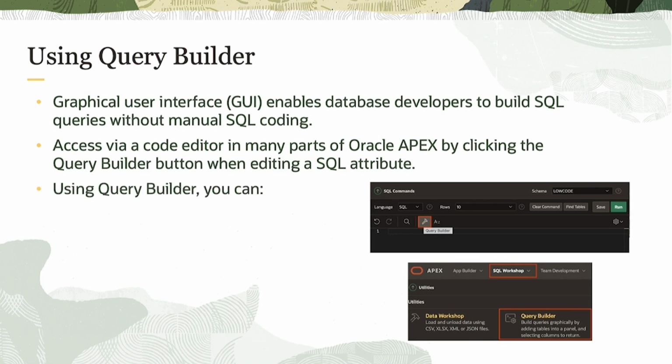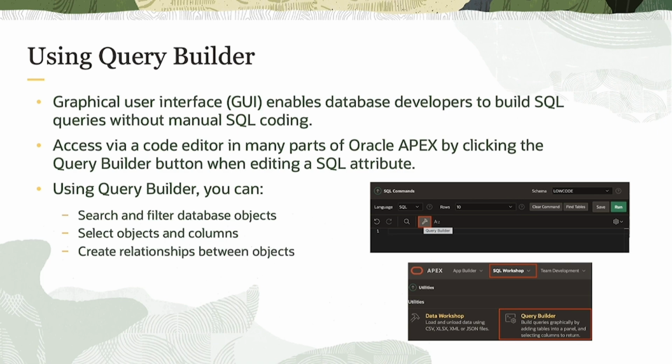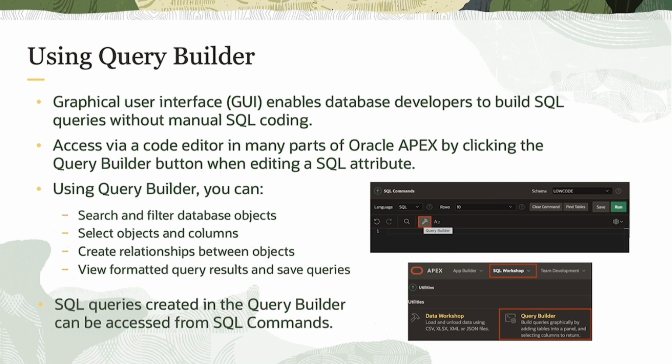Using Query Builder, you can search and filter database objects, select objects and columns, create relationship between objects, view formatted query results, and save queries with little or no SQL knowledge. SQL queries created in the SQL Builder can be accessed from SQL commands.